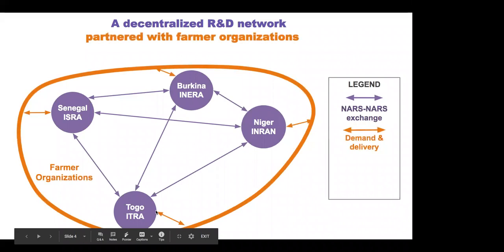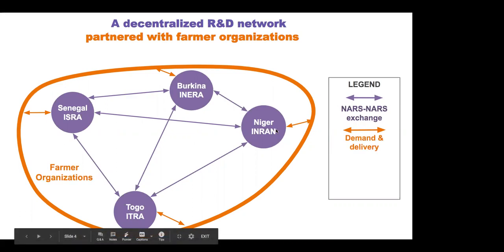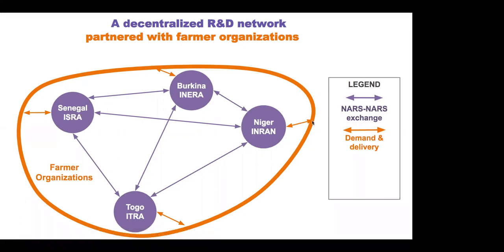Then we really try to make sure that everything we're doing is embedded in the context of collaboration with farmer organizations. The proposal lists, I believe, 12 farmer organizations that our NARS members are actively and formally collaborating with. The signals of demand come primarily from those farmer organizations and participatory activities that they're involved with. And then the delivery, in a lot of cases, goes through those farmer organizations' seed systems.